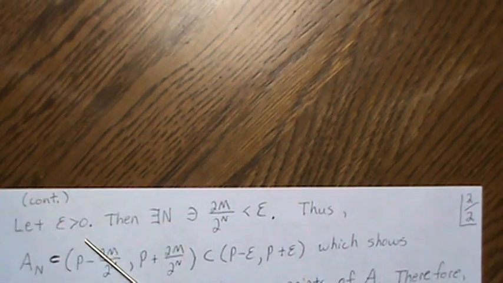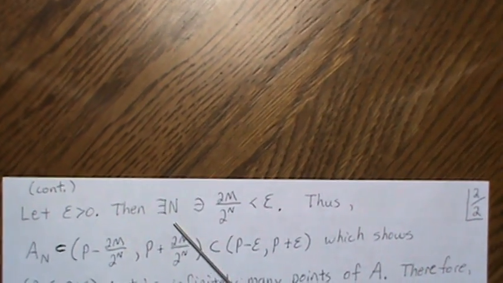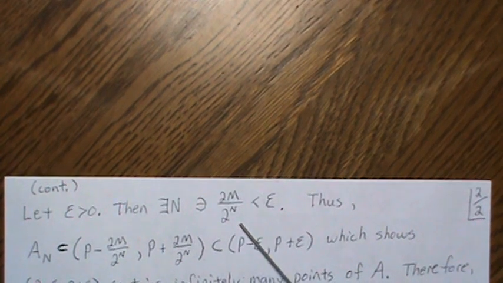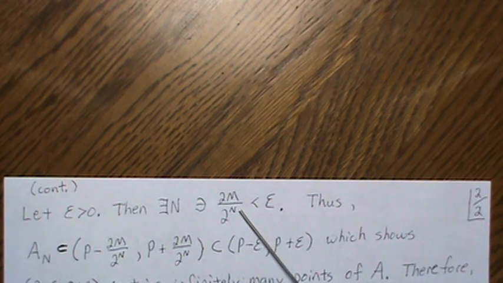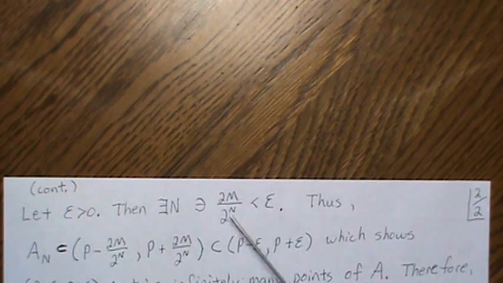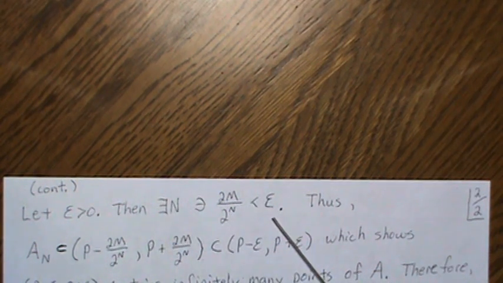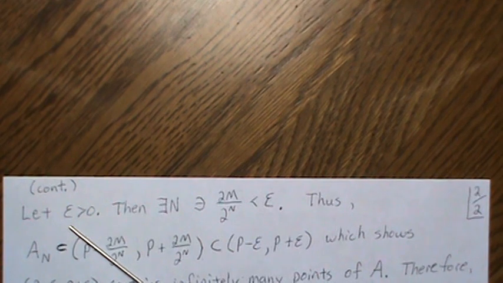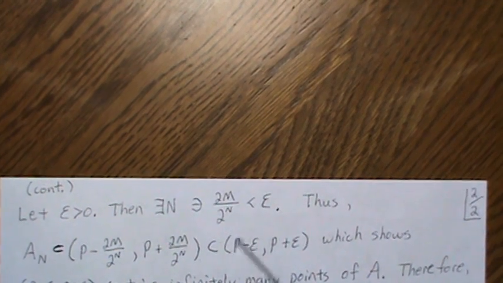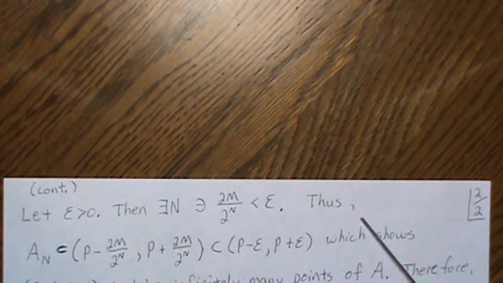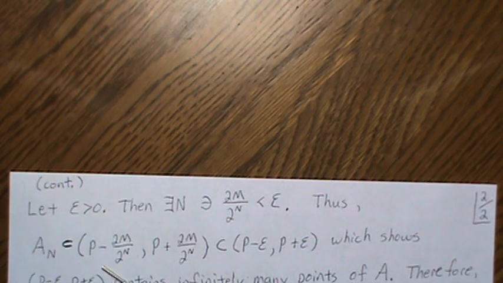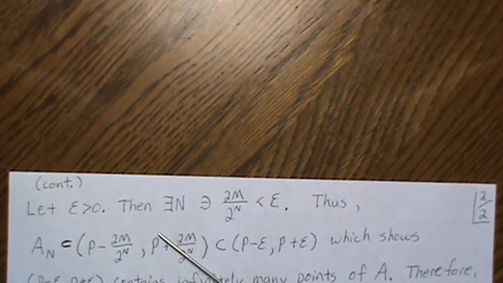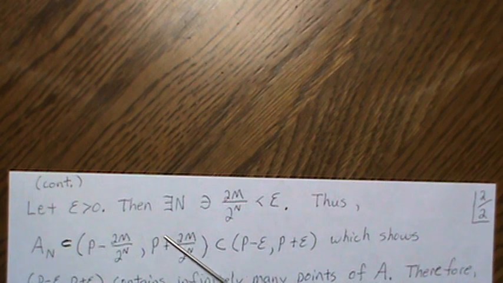So let's let epsilon be greater than 0. Then there exists an n such that the length of the subinterval is less than epsilon. We can just keep raising 2 to the nth power bigger and bigger until this gets so incredibly small, it's smaller than epsilon, right? And that's for any epsilon greater than 0 that we choose. So thus, the subinterval capital A_n is a subset of the interval from p minus epsilon to p plus epsilon, right?